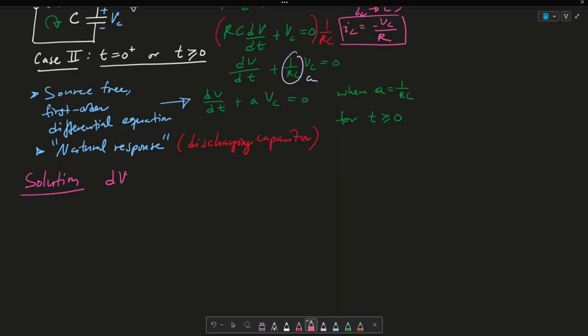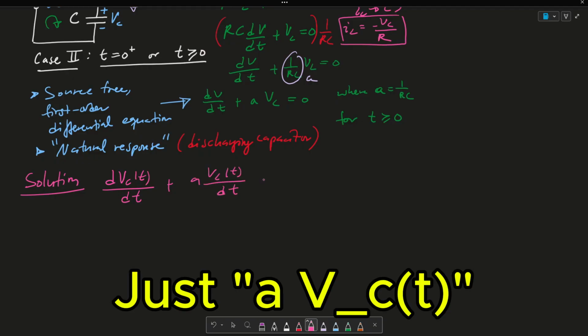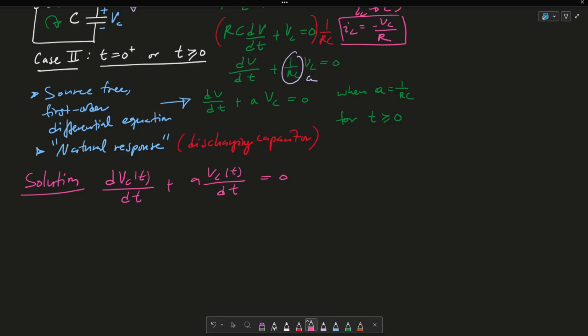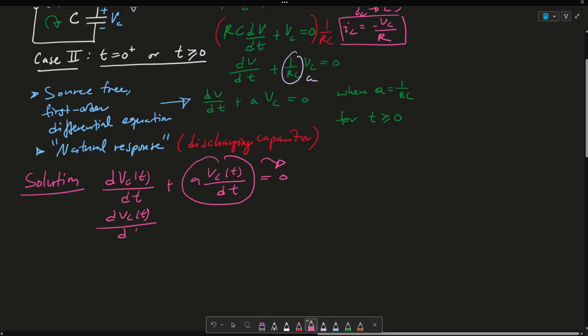So we have dVC(t)/dt plus A VC(t) equals 0. I'm going to move this to the right hand side, so I get dVC(t)/dt equals minus A VC(t). Let me multiply both sides by dt.